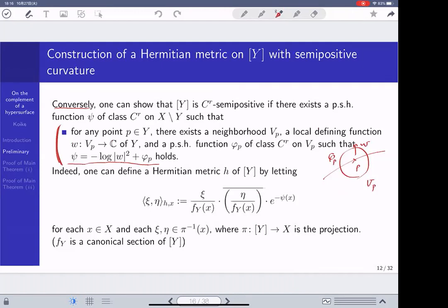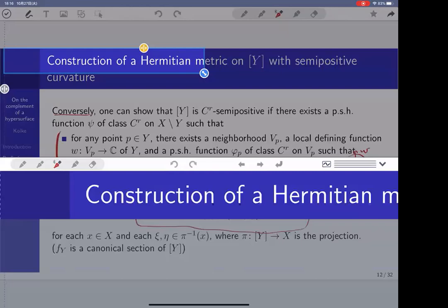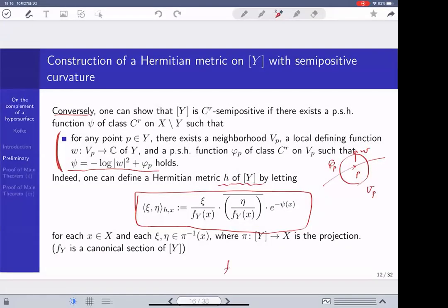In this case, if such a PSH function psi exists, then one can define a Hermitian metric h of Y by this formula. I mean, we use this one as a local frame and measure the norm by using this weight function.